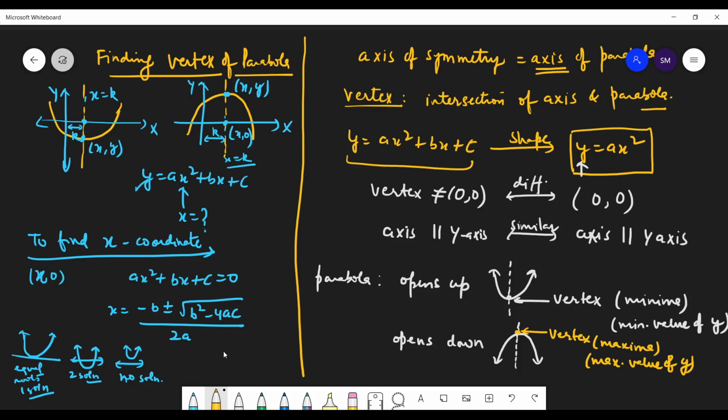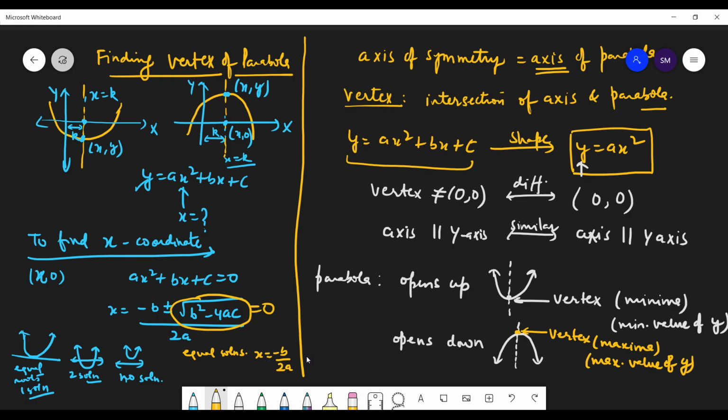Got it, students? Yes, sir. So for equal solutions, what is the condition do you have? So if equal solution, this will be equals to 0. So equal solutions are x equals to minus b upon 2a.